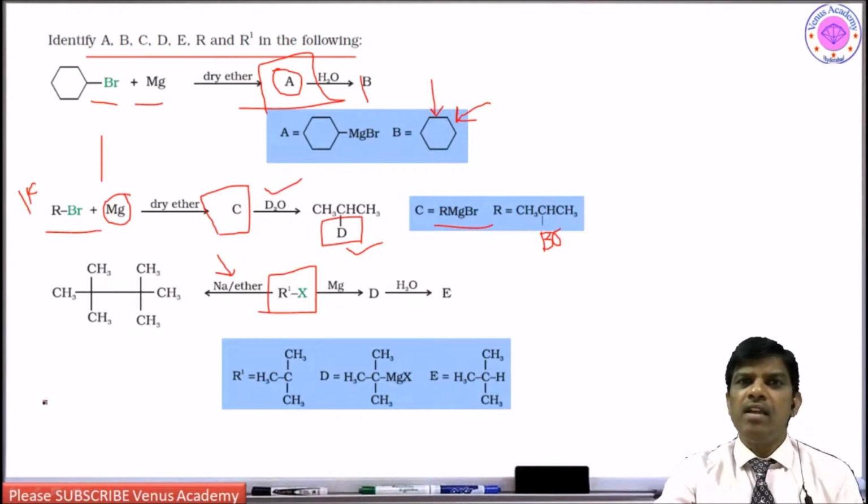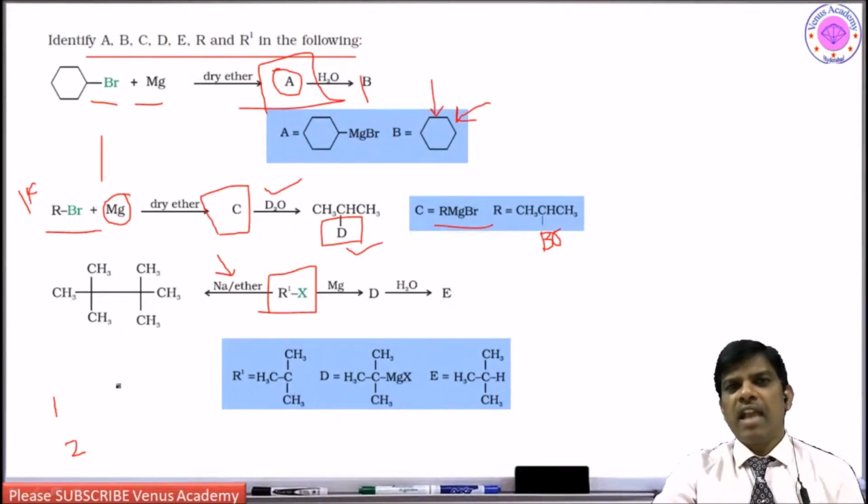Even if I take ethyl chloride or butyl bromide, odd plus odd also gives an even number of carbons. Even plus even also gives an even number of carbons. So odd number carbon containing compounds are not going to be prepared by Wurtz reaction.